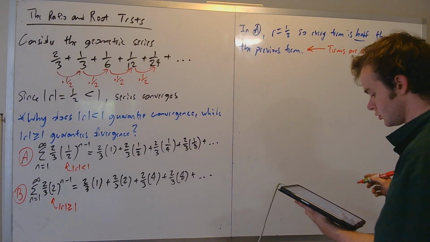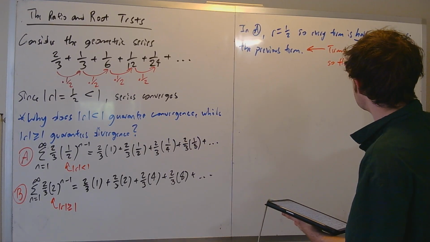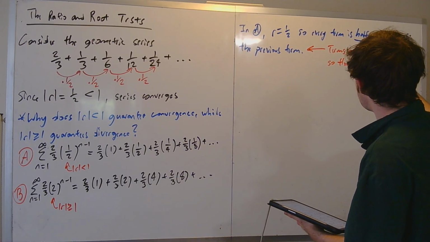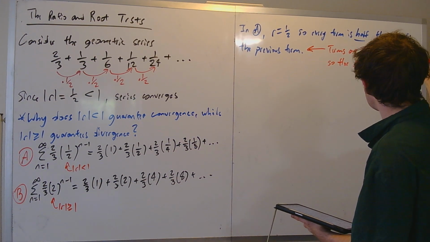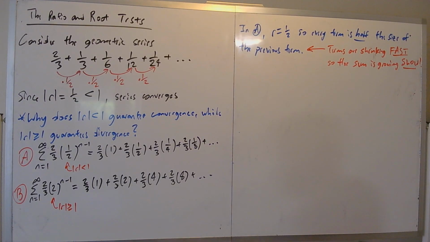So the terms are shrinking very fast, so the sum is growing very slow. Right? So that's the reason there. The terms are shrinking very quickly, so the sum is growing very slowly.